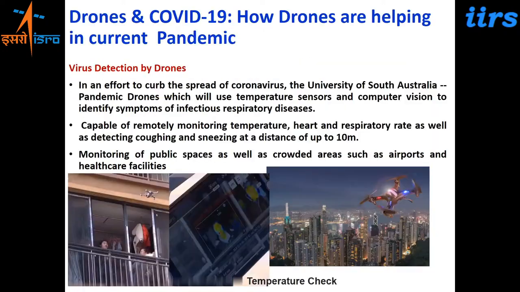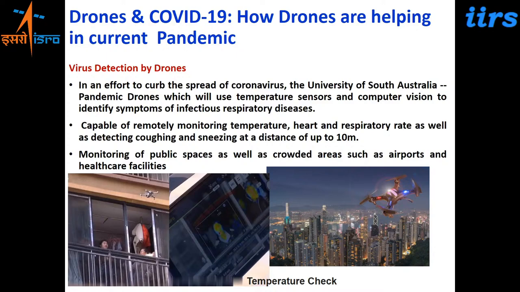In recent pandemics also, we have seen where drones have played a very significant role. In many countries, like one in Australia, they had cameras on board drones, where these drones were used to remotely monitor the temperature, heart and respiratory rate, as well as detect coughing and sneezing at a distance of 10 meters.